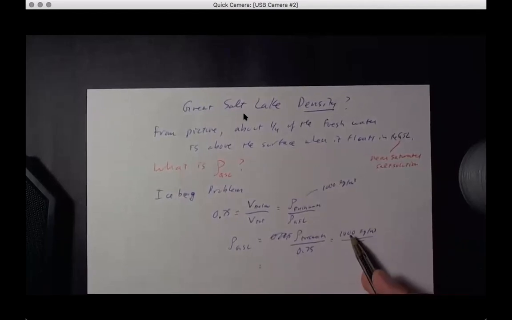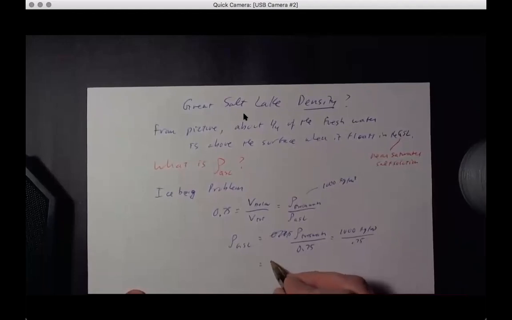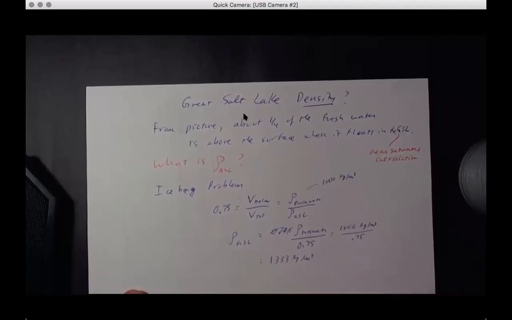So you get 4,000 divided by 3, which is 1,333, right? Something like that. And so that is about what the density of the Great Salt Lake is.